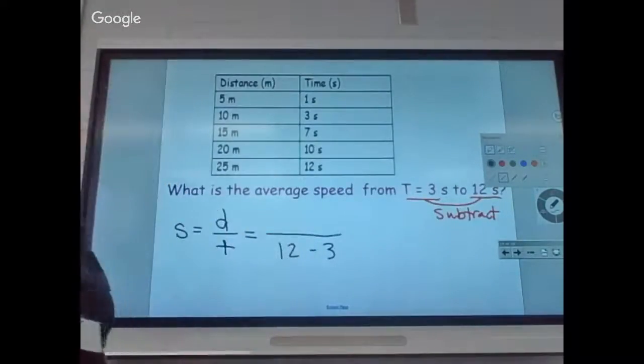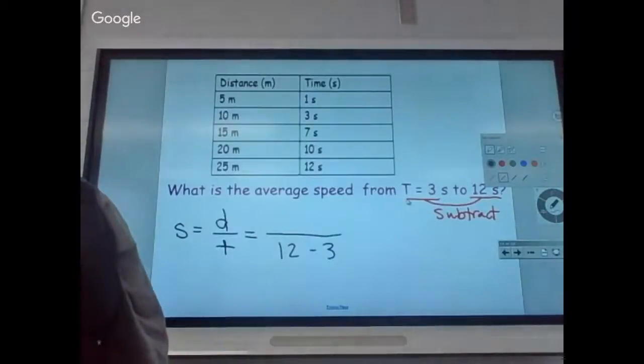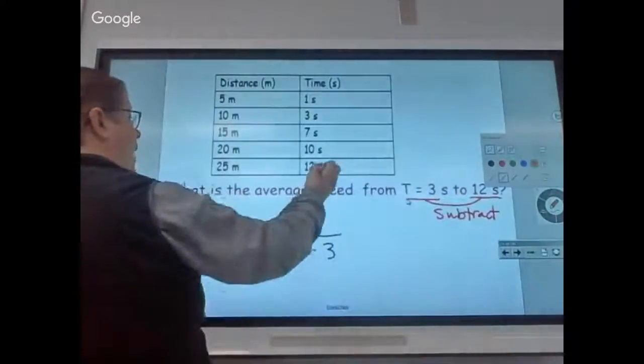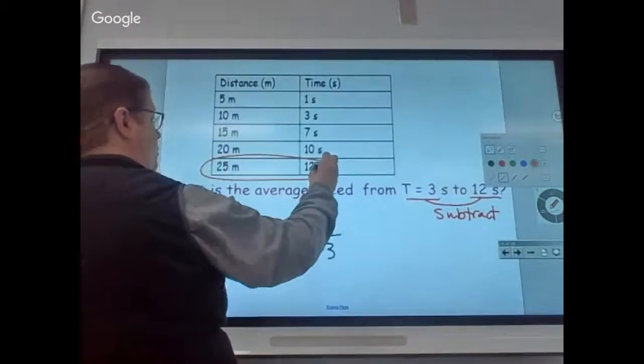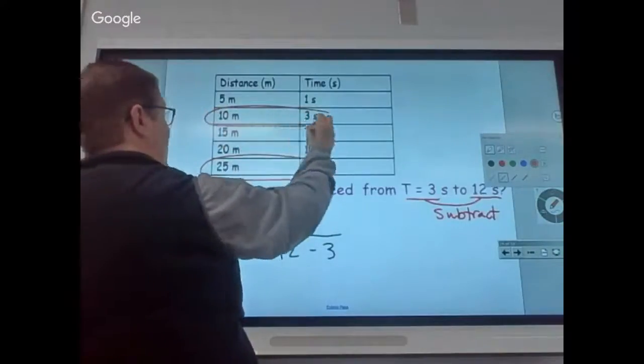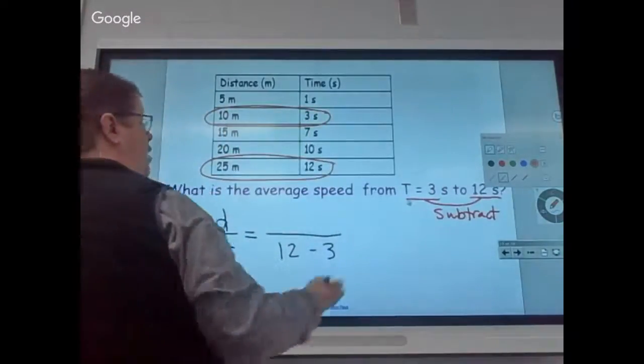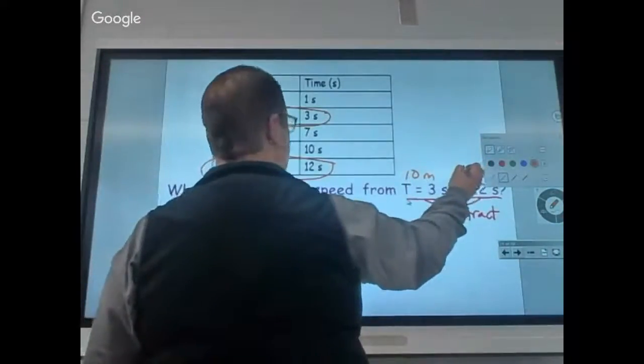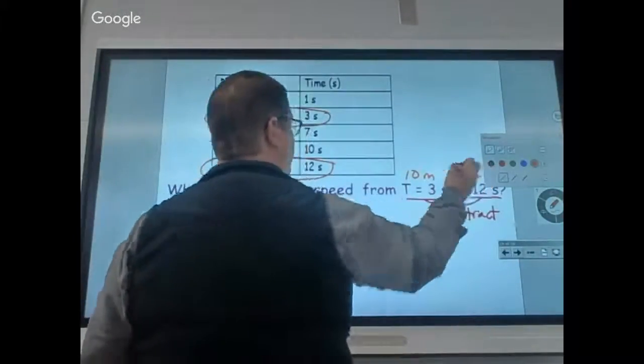Does that make sense? Okay. Now you need the corresponding distances that go with that. So you're going to read your chart up here. The 12 is here, and the 3 is there. So the distance that goes with 3 is 10 meters, and the distance that goes with 12 is 25 meters.